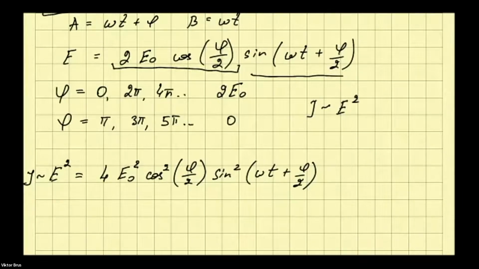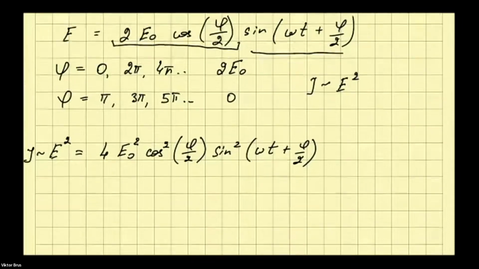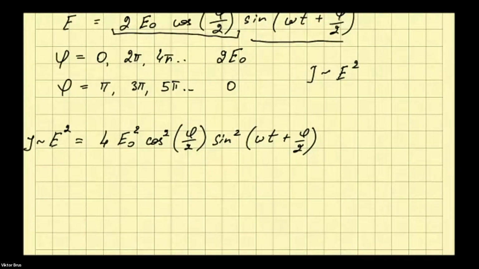So we need to get the average, and from previous discussions we already remember that the average of sine squared omega t over one period of the electromagnetic wave gives us 1/2. But we can consider either the average for one period or for many periods, it doesn't matter. It will give us 1/2.